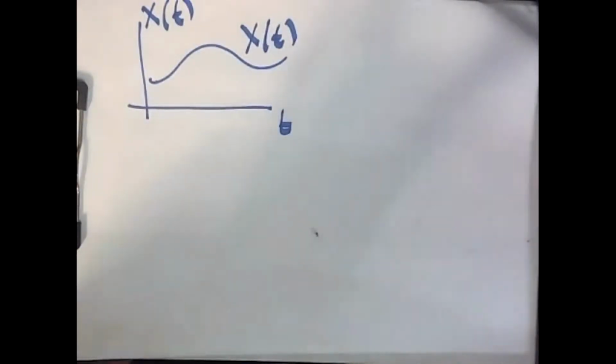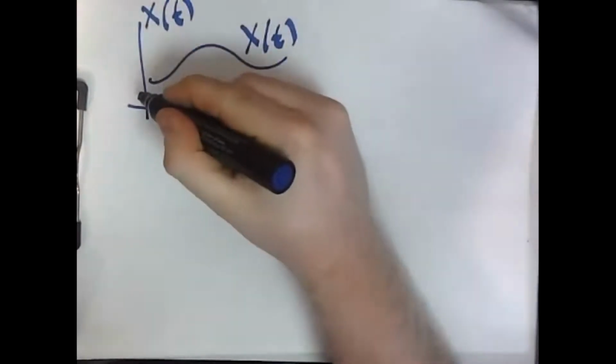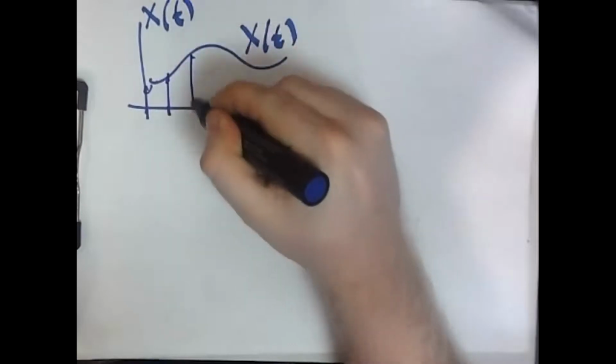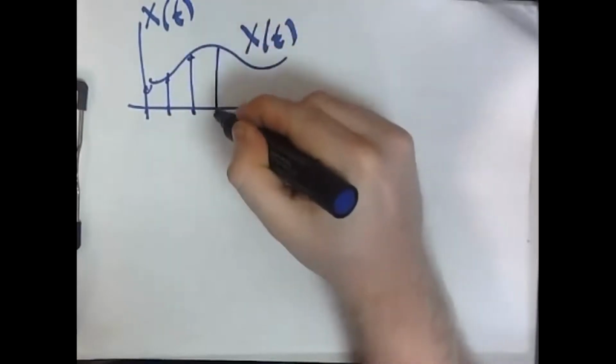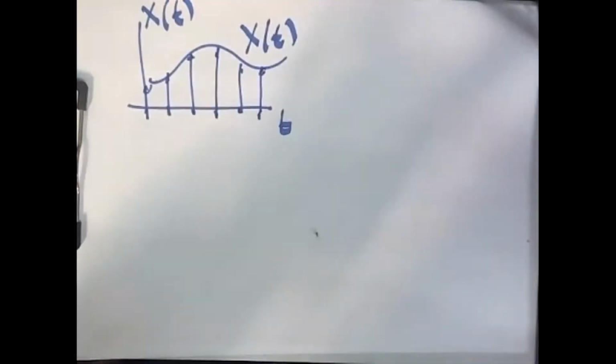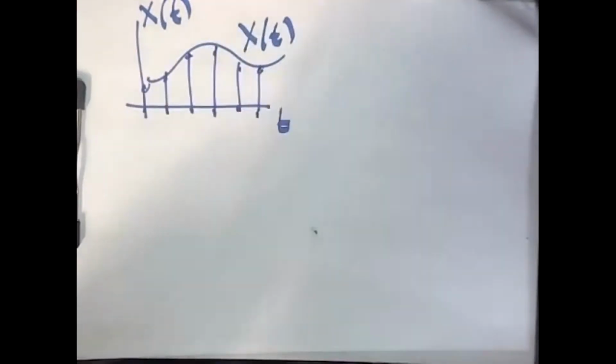So if you make some sort of discretization, my dear student, you will have some samples like that. These delta Dirac samples are the sampling process. Here we assume an ideal sampling, if you remember.